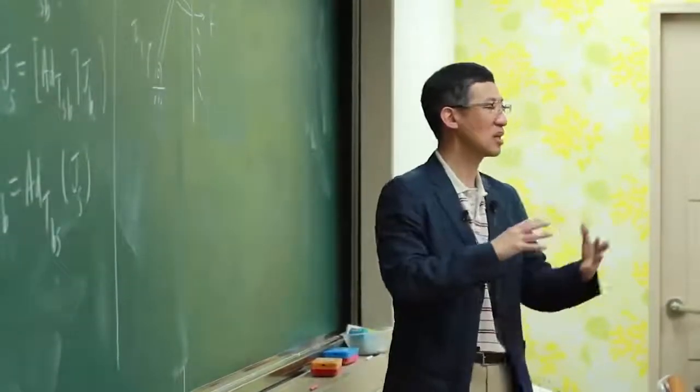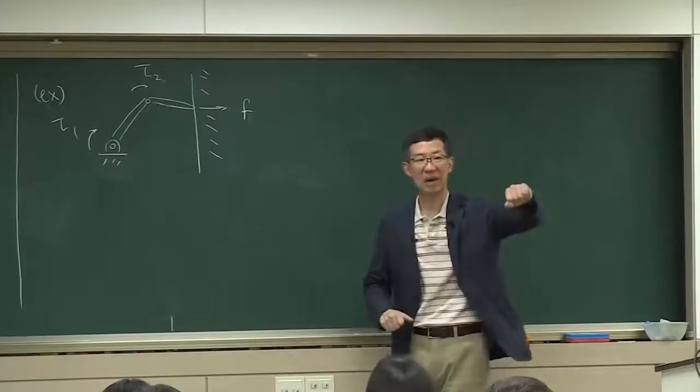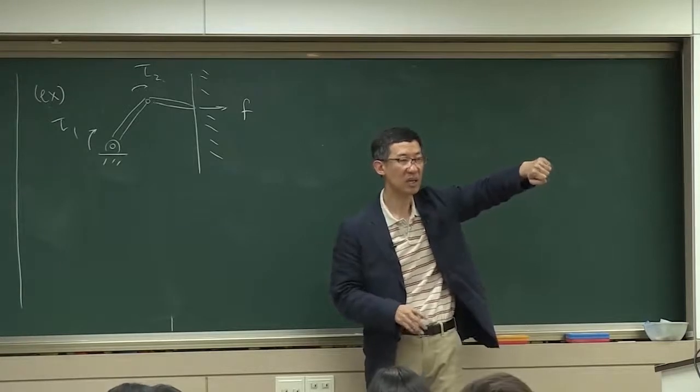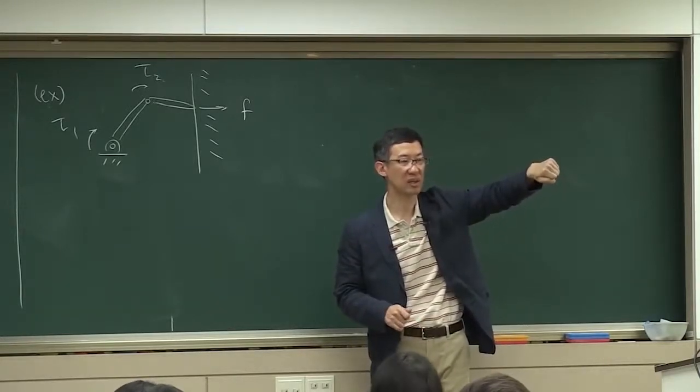So you can see what the generalization of this is, right? We might now have an arbitrary spatial chain, and we want the end effector to apply a certain force.